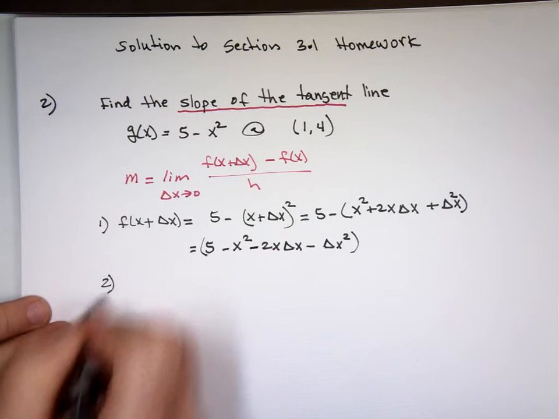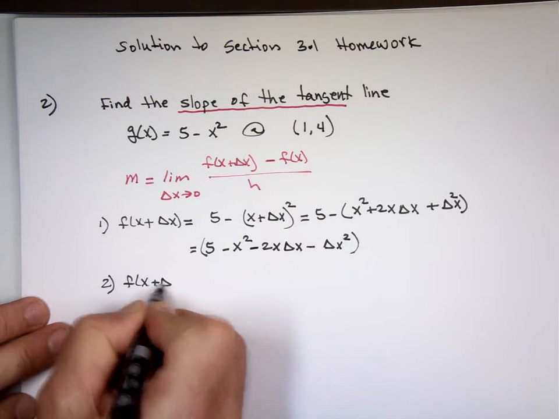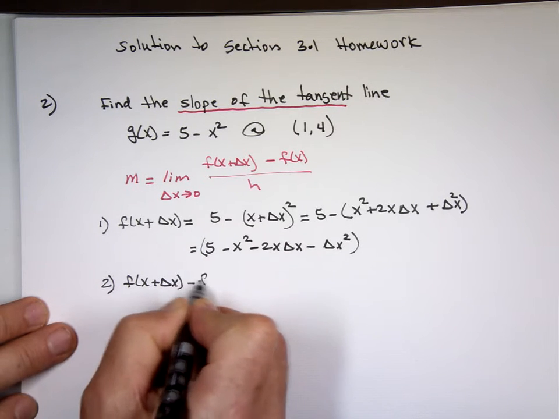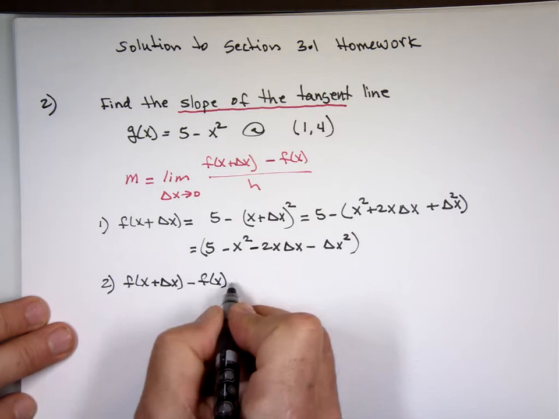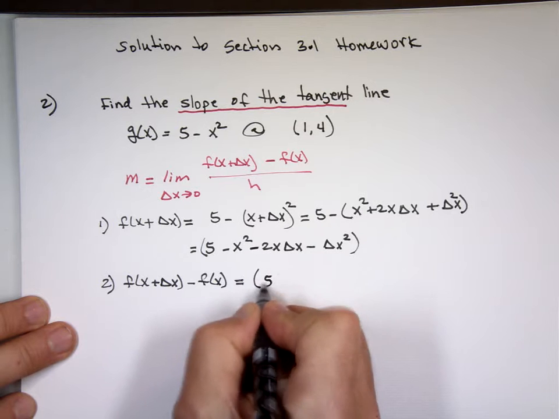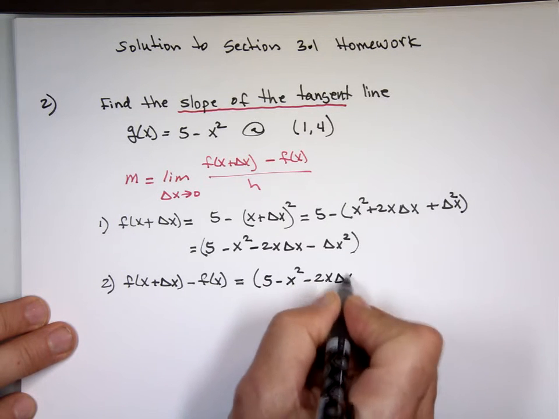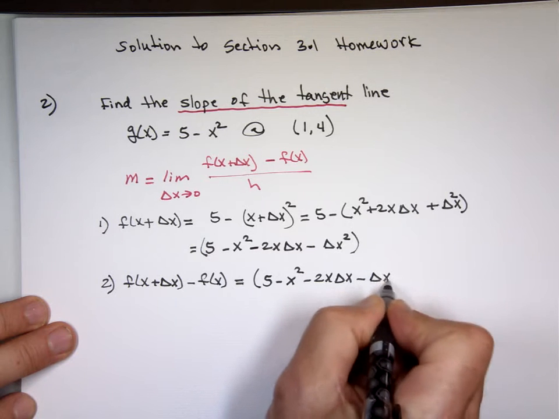Step number 2, find f of x plus delta x minus f of x. Five minus x squared minus 2x delta x minus delta x squared.